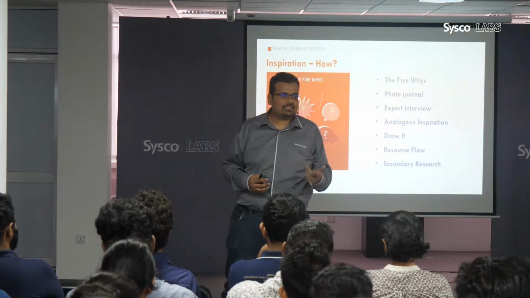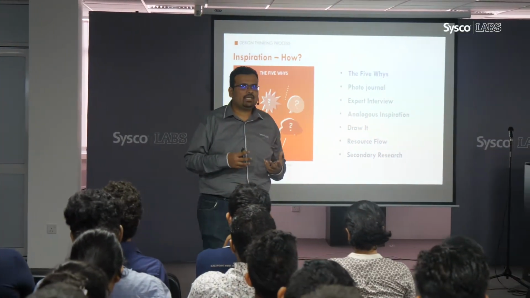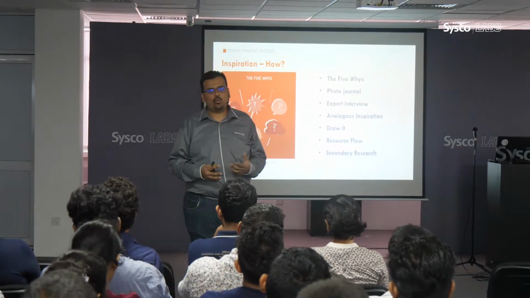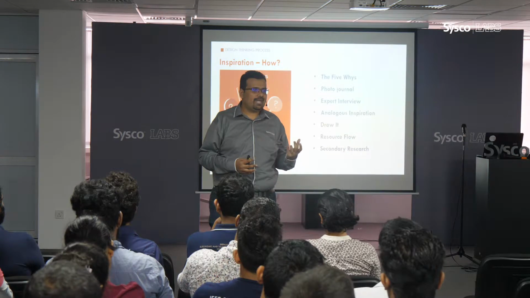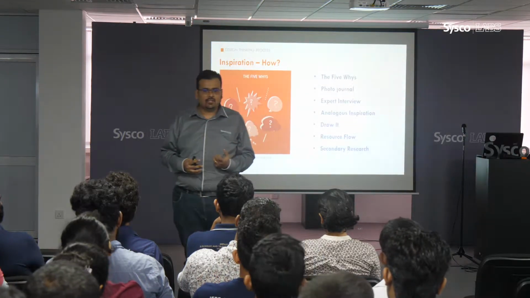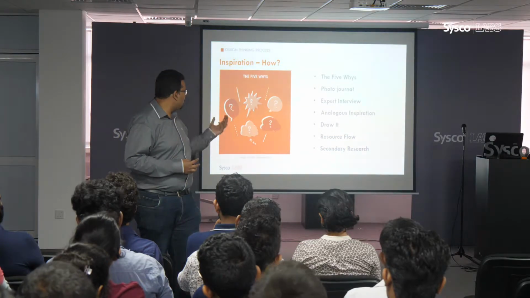Basically, we call this 5 whys. When you ask these questions, they can't be open-ended. They should be specific, and you should be able to get an answer from them. So just go back and search about 5 whys.